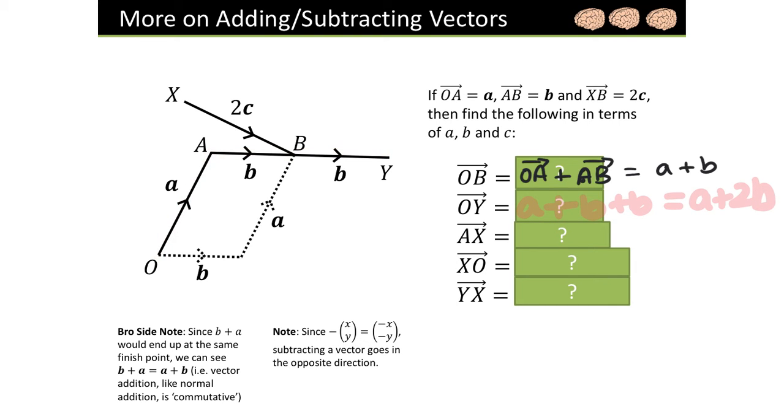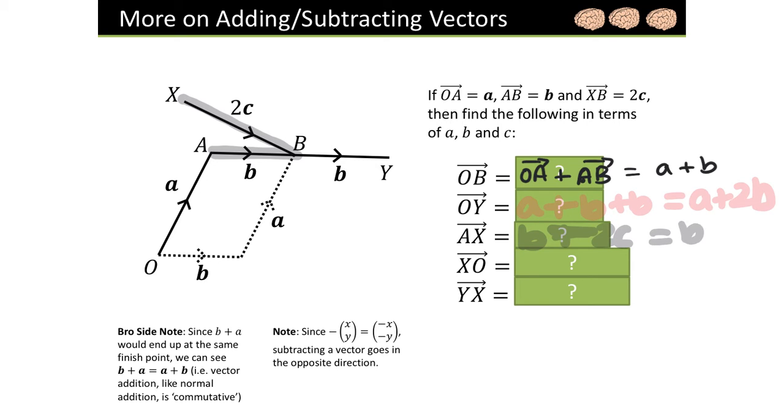Okay, A to X. So where do I start? AB, which is B. Plus, now watch this one. Minus 2C. Why have I gone minus 2C? Yeah, because I'm going against the direction. So it's not plus, this becomes minus 2C.